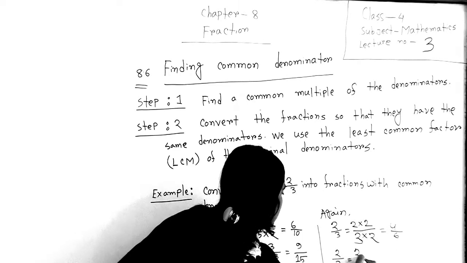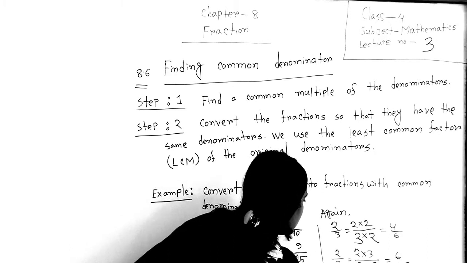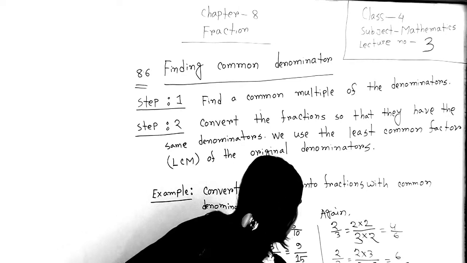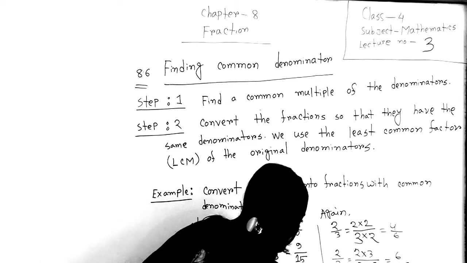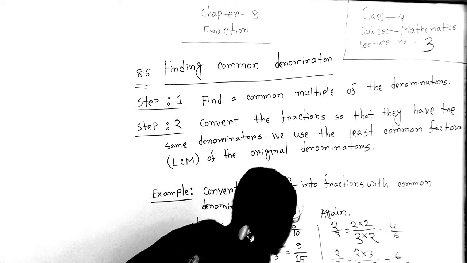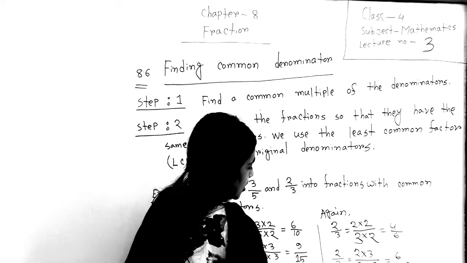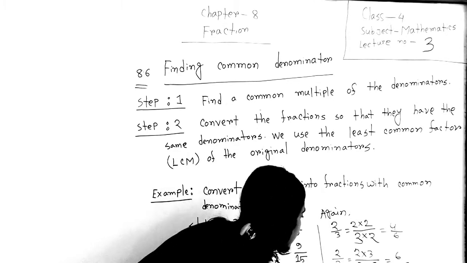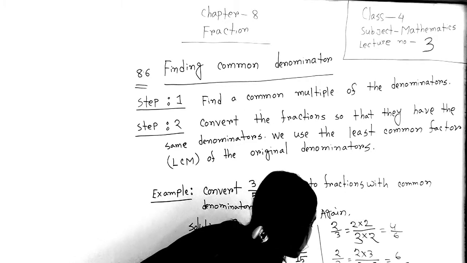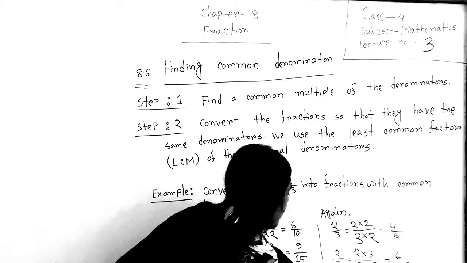In here, this fraction number is also multiplying by 3 and get result 6 divided by 9, and this fraction number is multiplying by 4 and get result 8 by 12, and so on.